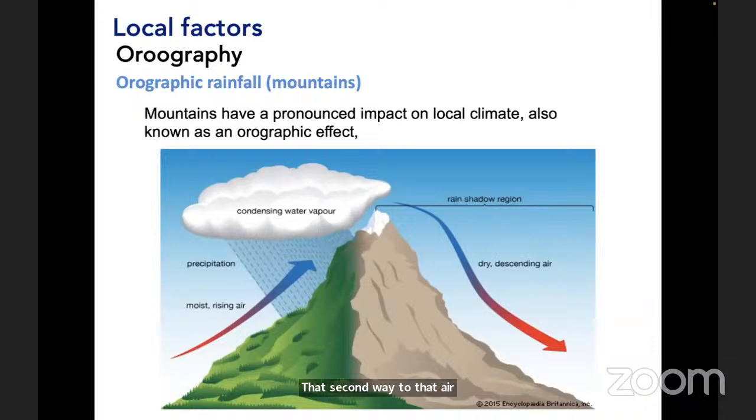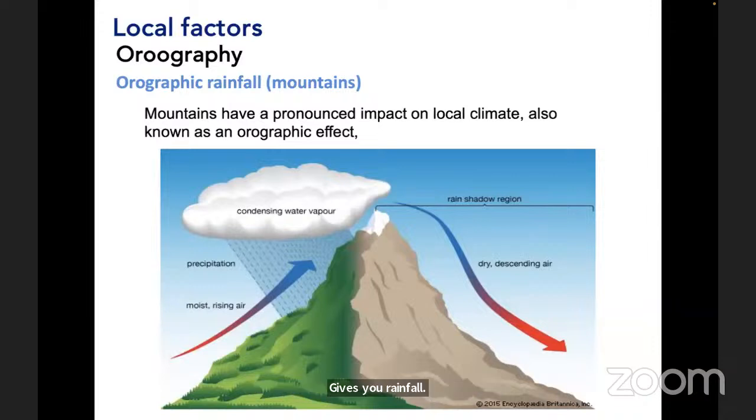The third one is what we see here. In this case, the air mass coming from the left, when it encounters mountains, hills, high land areas, cannot go through the mountain, so it has to rise up. It's forced to rise. The winds rise, the water condenses, and gives you rainfall.